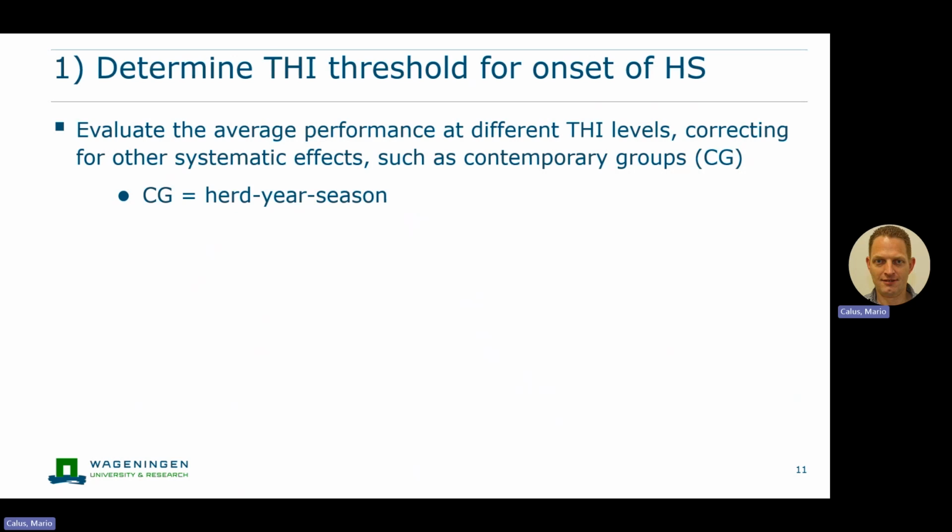First, what you need to do is to evaluate the effect of the THI on the average performance of all the individuals in the data. And you do this by running a relatively simple model that corrects for some systematic effects, such as herd by season.